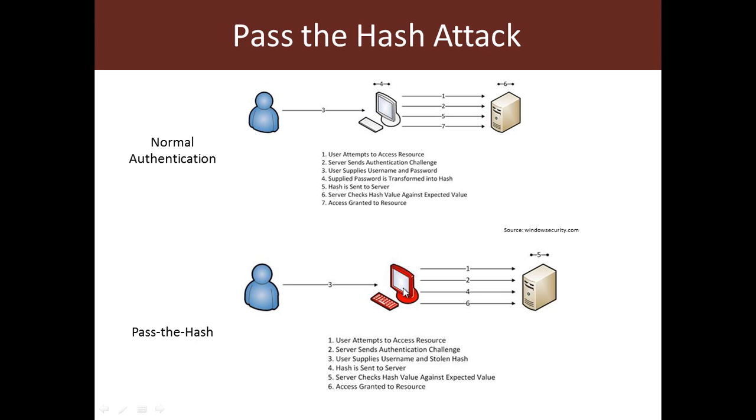So instead of entering a username and password and the password getting hashed, the user uses the username and the hash stolen from some other computer on the same network and sends it directly to the server. Because for a given password the hash always remains the same, if the hashes were stolen from a reliable resource on the network, the hashes will match on the server, and the server will grant access to the resource requested by the user.